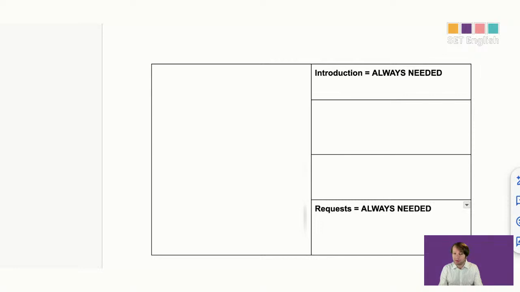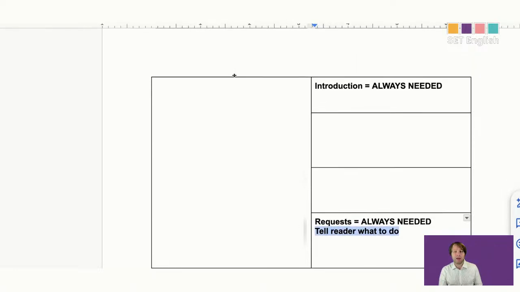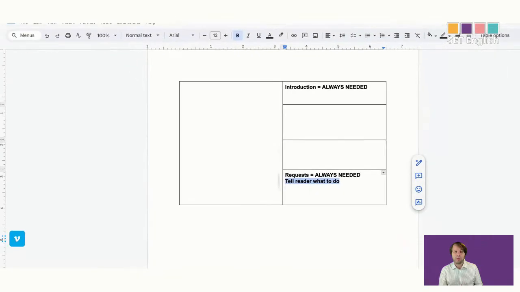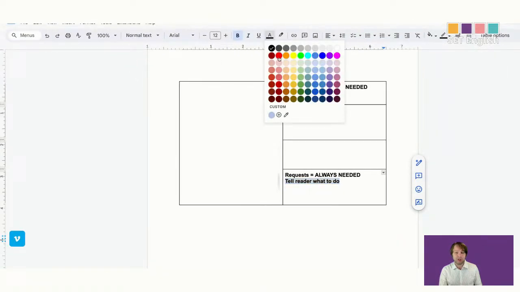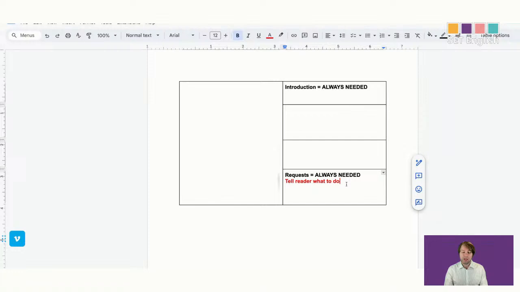A request paragraph is where you tell the reader what to do, okay? Tell reader what to do. So, for example, if you're writing a discharge letter, you might tell them all about the discharge plan, right? You're telling them the tasks, okay?